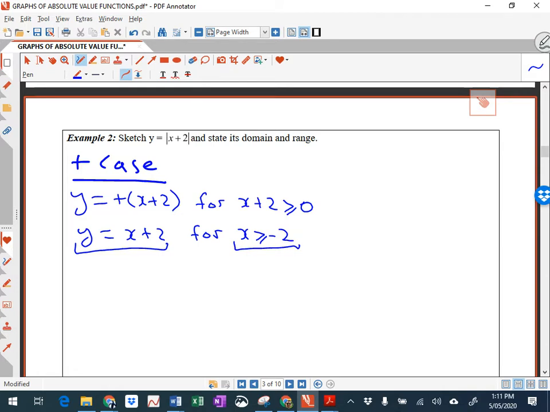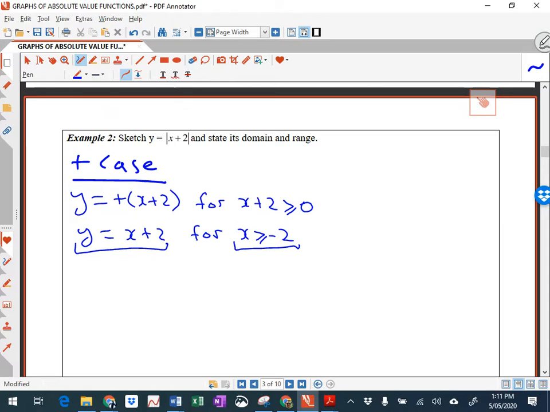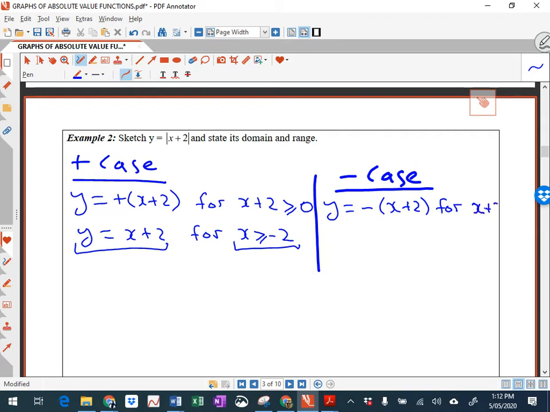Now let's have a look at the negative case. So the minus case. Minus case. All right, minus case is y is equal to minus x plus 2 for x plus 2 less than 0.